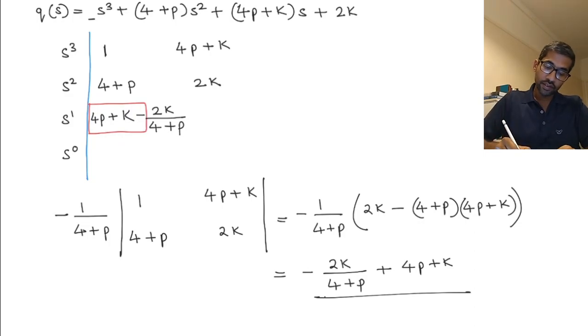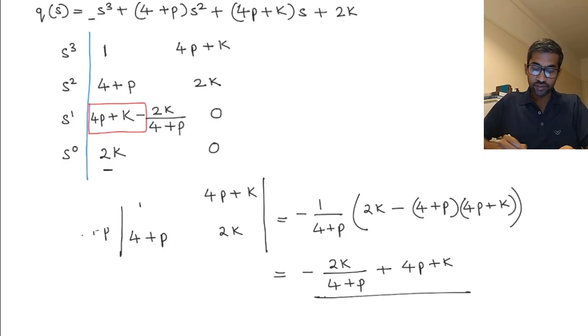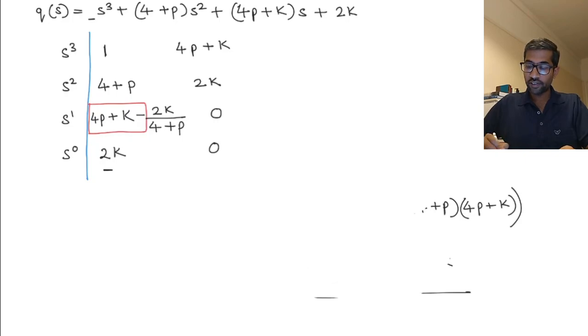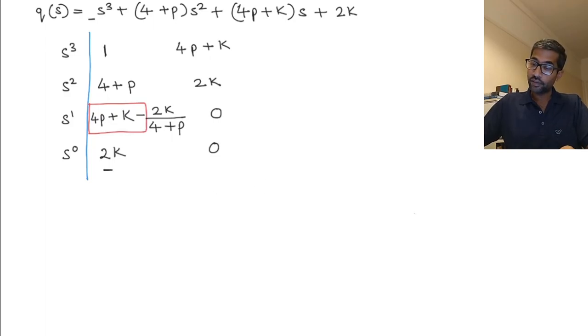The value at this position is just going to be 0, and the value at this position, and I'll let you verify it, is going to be 2k, and this is going to be 0. Now if you want to find out the stability of this system, what is the condition? That all the elements of the first column of this Routh array are of the same sign. In this case, because there is a positive element here, we want all these to be positive.